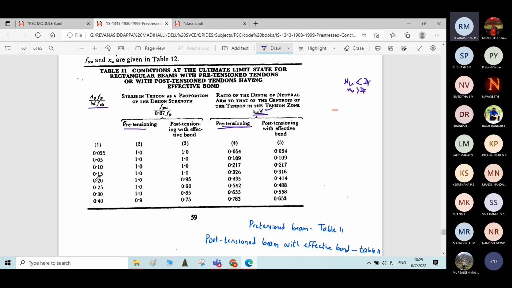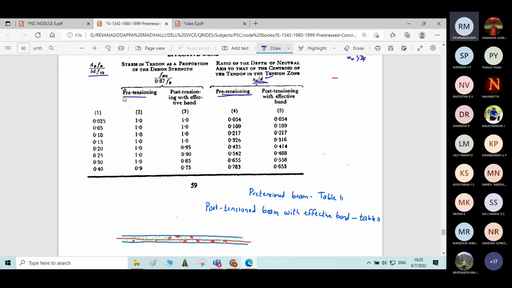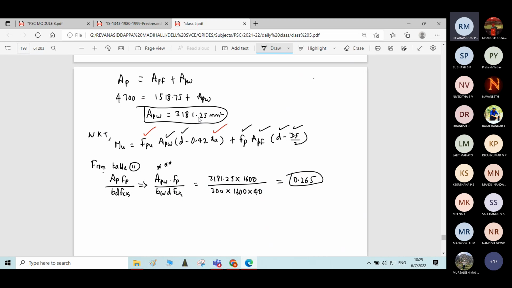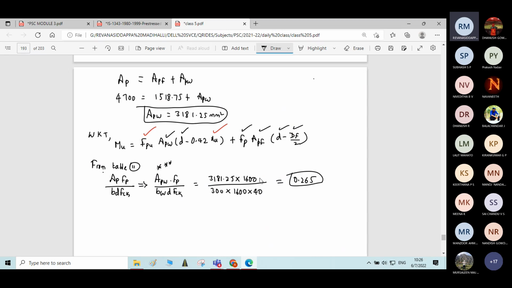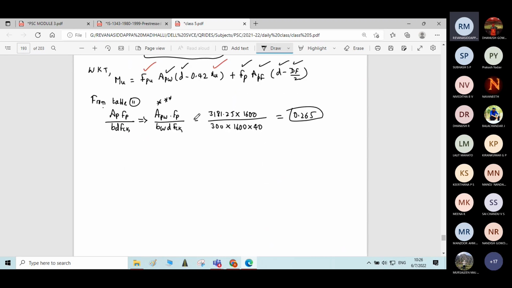Now corresponding to the value of 0.265, we need to find the value of FPU by 0.87 FP and XU by D, referring to the pre-tensioning columns. 0.265 falls between 0.25 and 0.3. For 0.25 the corresponding FPU by 0.87 FP is 1 and for 0.3 also 1. Therefore, corresponding to 0.265 the value will be 1 only.